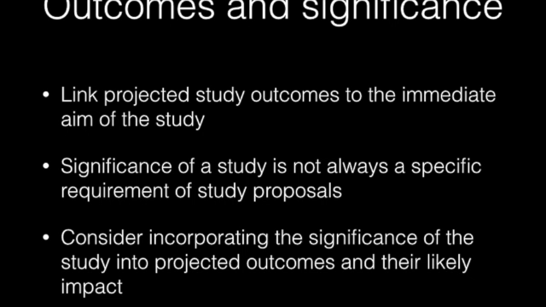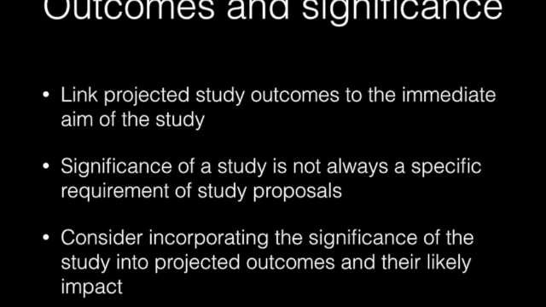So getting close to the end now, one of the important sections that you need to think about are the outcomes and significance. What do you think is going to happen as an outcome of your study? And do you think that that is important? It's important for you to sit down and think about that now. Are the questions that you're asking in your research proposal going to be worthwhile?